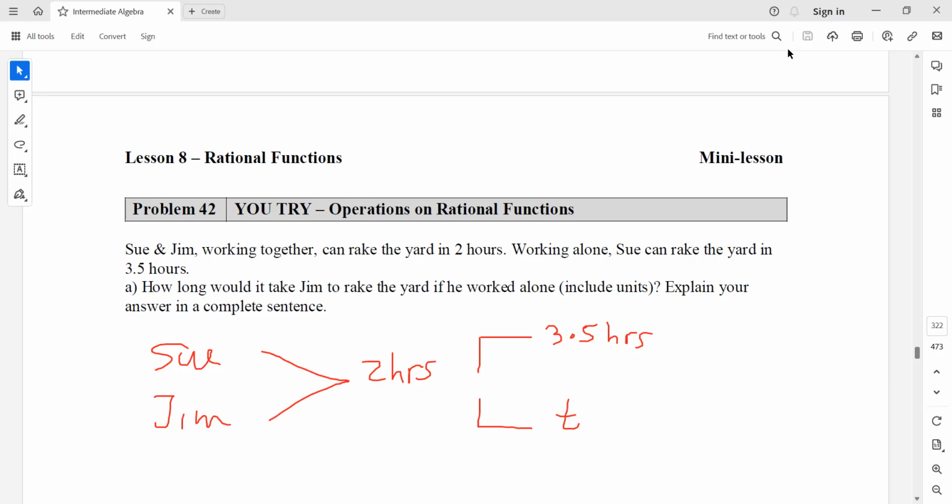Now, the number of hours it is going to take Jim is T. So let's say that we want to find the fraction of the job completed in 1 hour. For Sue, it is going to be 1 divided by 3.5.